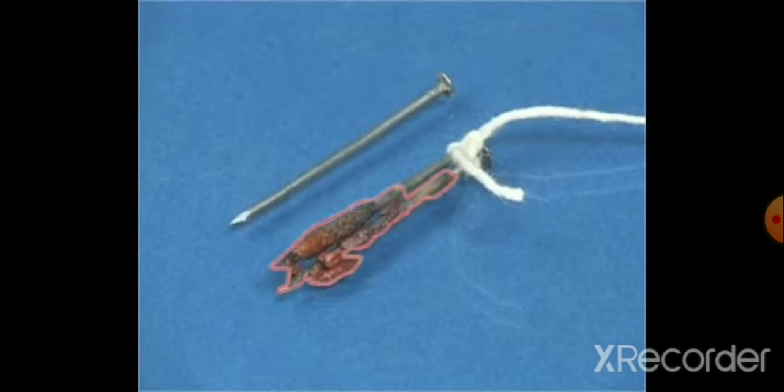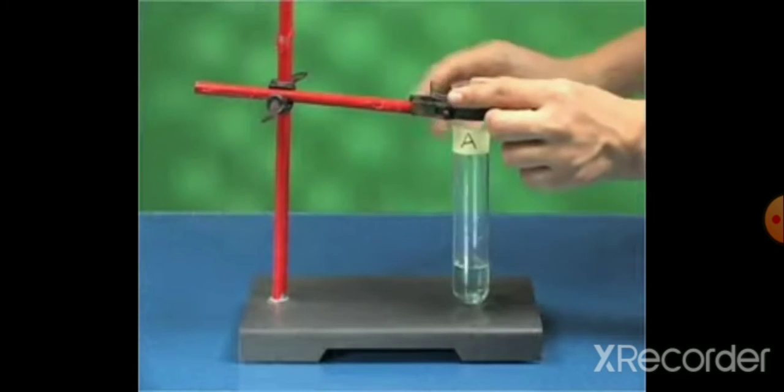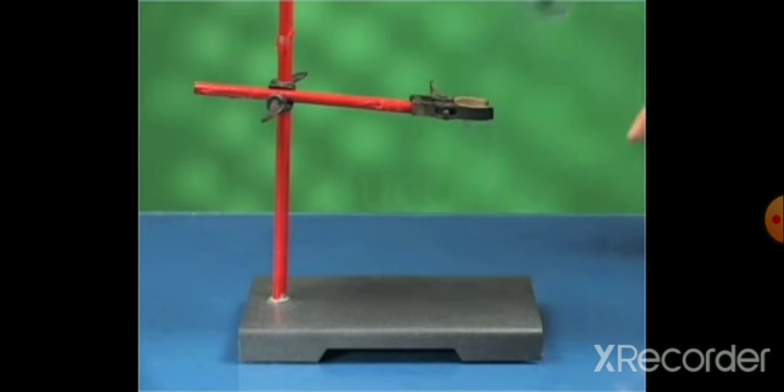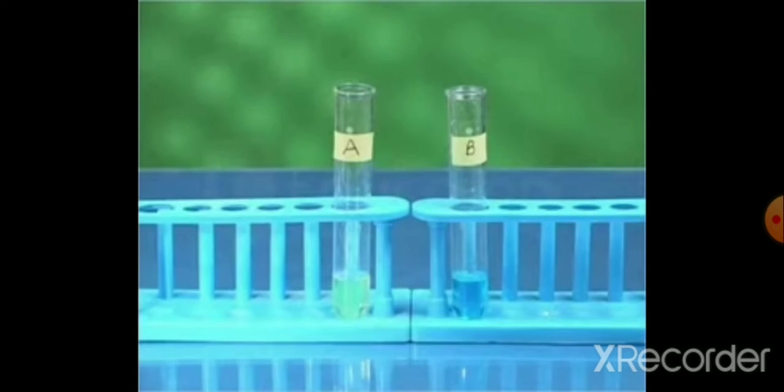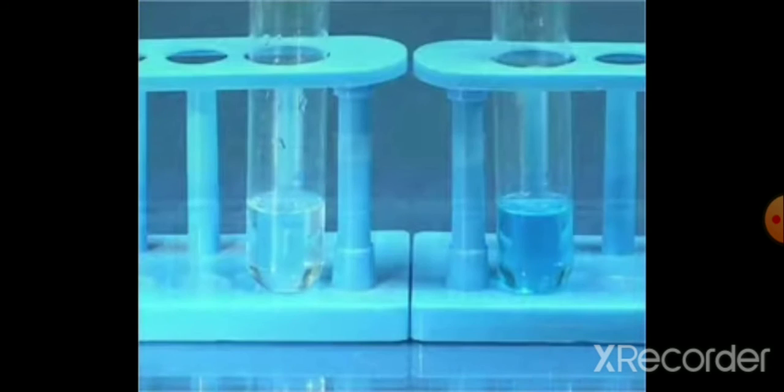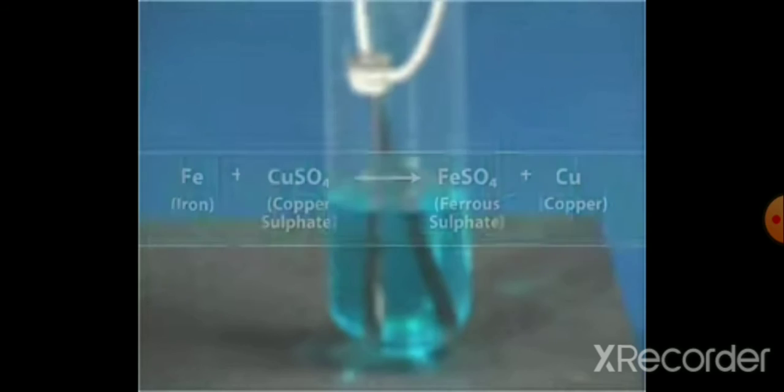Now we have to remove test tube A and keep it beside test tube B. We will compare the solution of both test tubes. We will see that in test tube A the original blue color of copper sulfate solution has faded away. Why does this happen, that we will see.